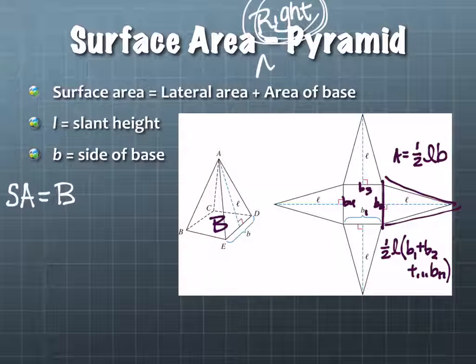You get the perimeter of the base, right? It'd be the perimeter of whatever that object was on bottom. In this case, it's a square, but it certainly wouldn't have to be. So this would be 1/2 L times the perimeter of the base, but we call it P there. So over here, we'd get plus 1/2 perimeter times the slant height.